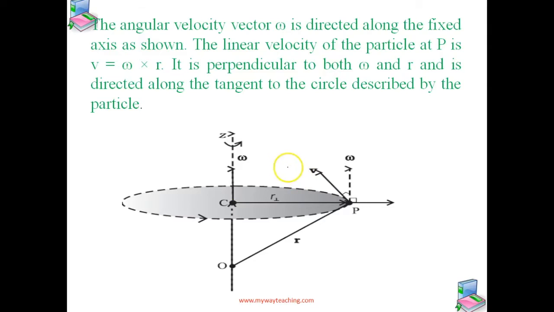See, in this case, the angular velocity vector w is directed along the fixed axis. You can see here, it is directed along the fixed axis. The linear velocity of the particle at point P is given by v equals w cross r. W cross r is the linear velocity of the particle. We know this formula, right?